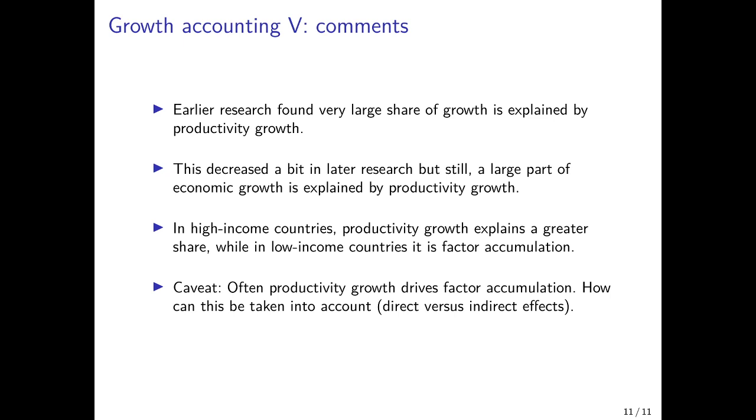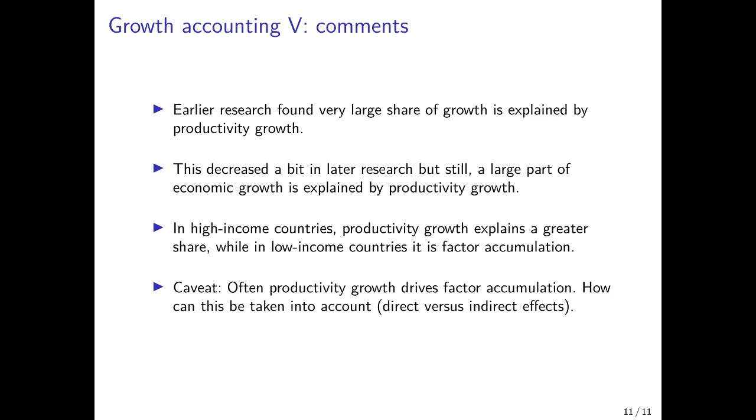And then one caveat at the end. So often productivity growth is shown in some models to be the driver of factor accumulation. So if productivity growth increases, that induces accumulation of physical capital, and that induces people to educate themselves better, and so on and so forth. So it's important to know that what we've seen here was only the direct contribution of these different components.